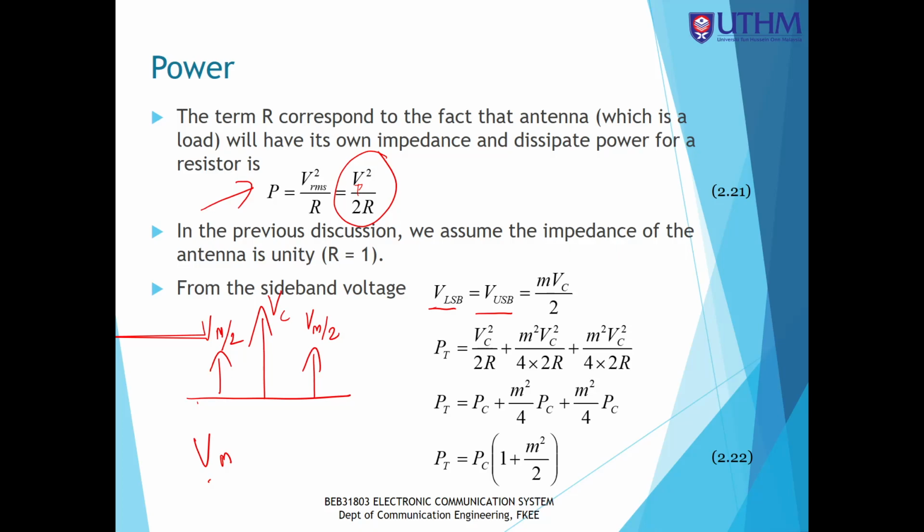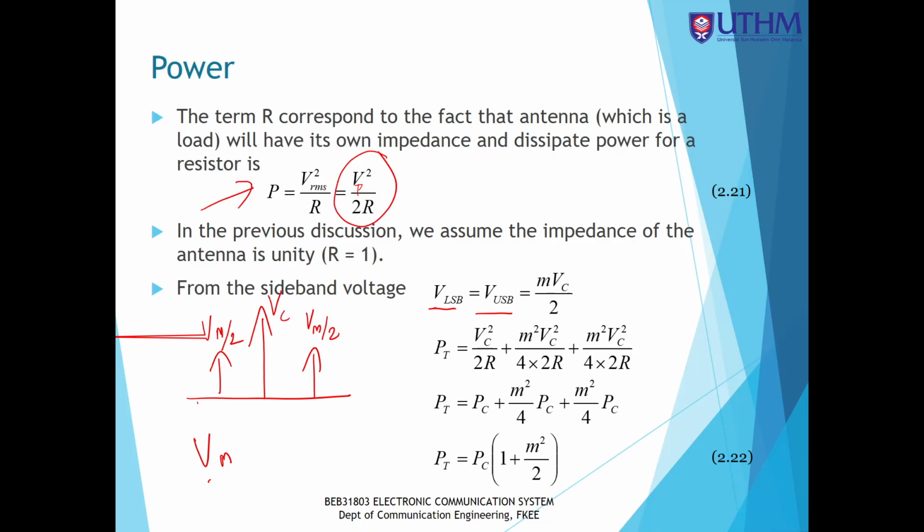This is mathematics, I hope that you can follow this one. It is actually MVC over 2, squared, divided by 2R. So you see that here is M squared VC squared divided by 4, divided by 2R. That's why you get M squared VC squared divided by 4 times 2R.